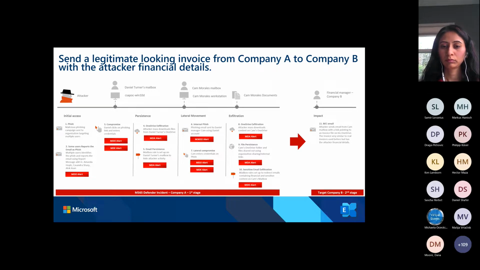So we see a lot of phish, like pretty much everybody, and occasionally some go through for various reasons. The attack goal is to do a financial type of BEC attack.